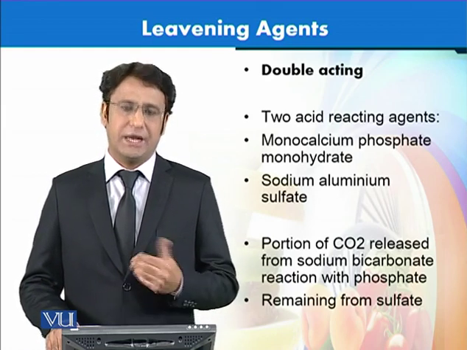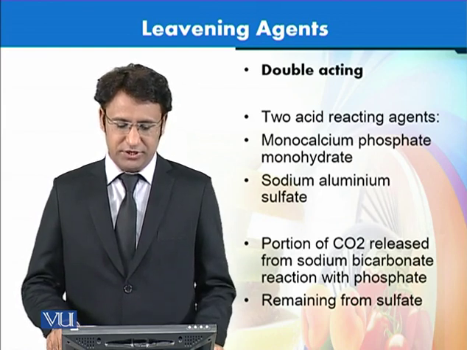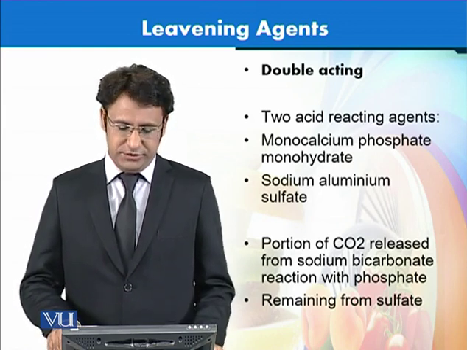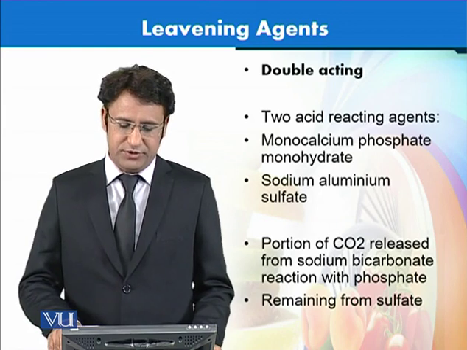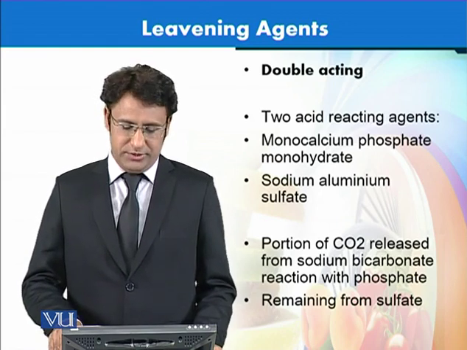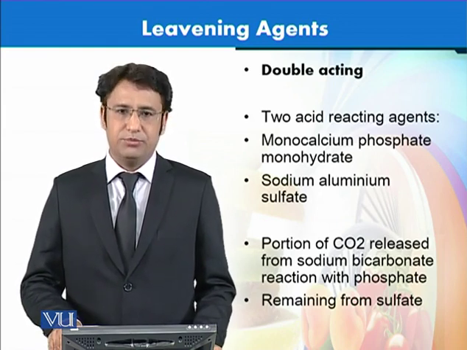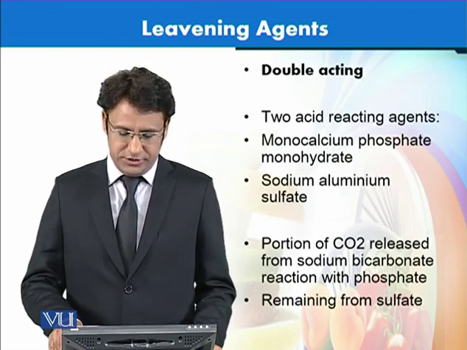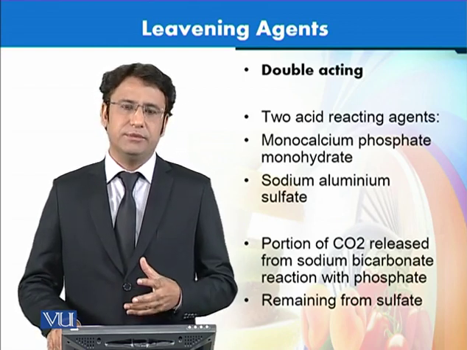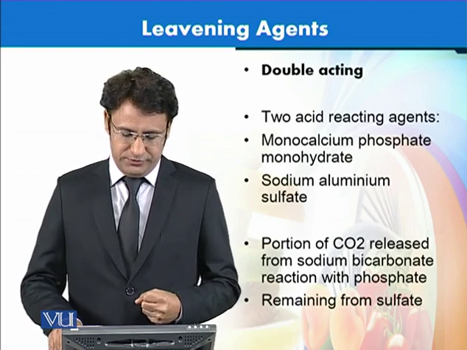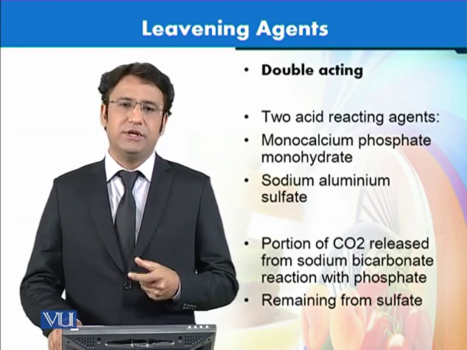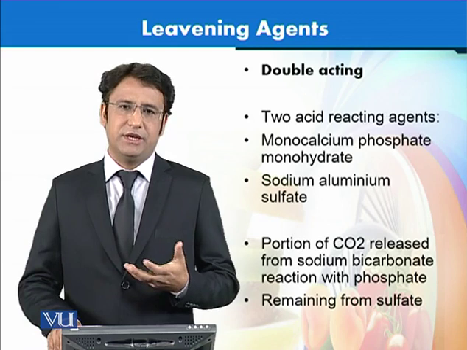baking soda, or double acting baking soda, would again have two acid-reacting agents. These are monocalcium phosphate monohydrate and sodium aluminum sulfate. A portion of the carbon dioxide is initially produced from sodium bicarbonate when it reacts with phosphate at the first stage.